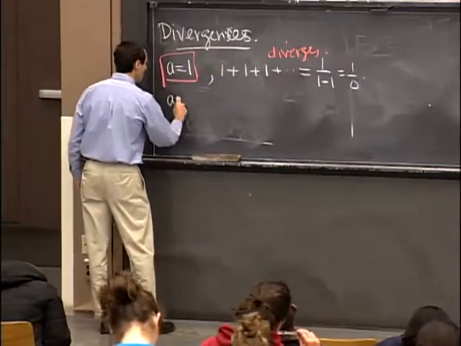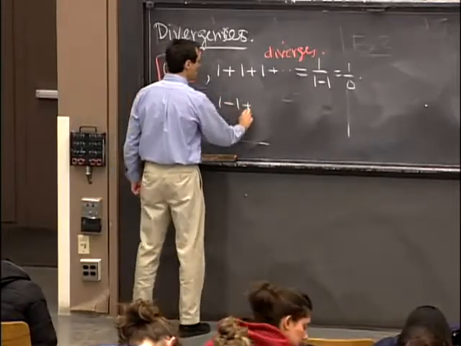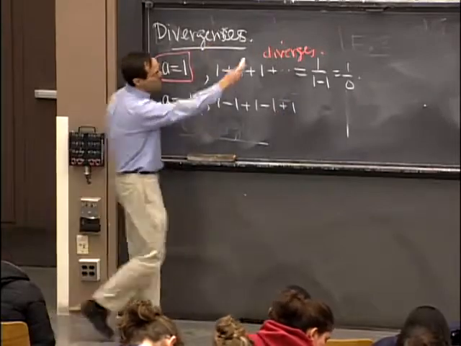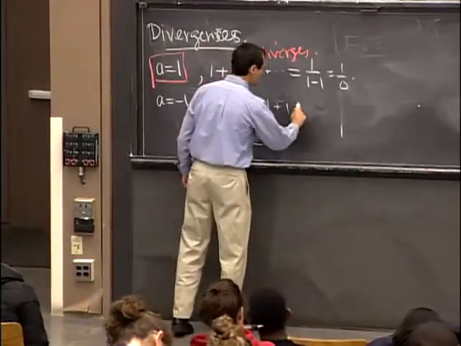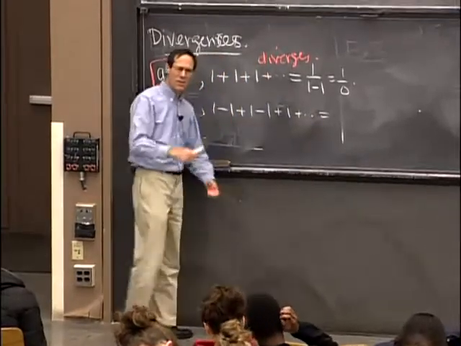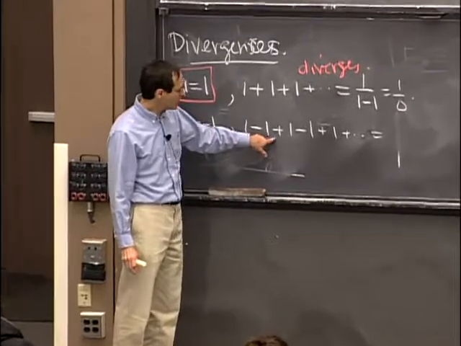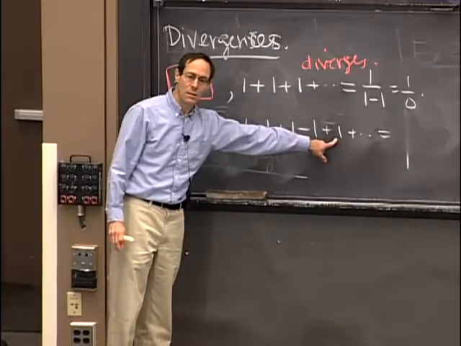Similarly, if I take a equals minus 1, I get 1 minus 1 plus 1 minus 1 plus 1, because the odd and the even powers in that formula alternate sign. And this bounces back and forth. It never settles down. It starts at 1, and then it gets down to 0, and then it goes back up to 1, down to 0, back up to 1. It doesn't settle down.